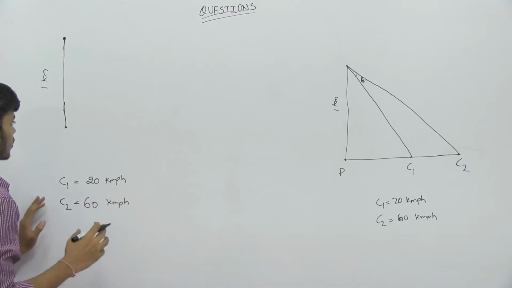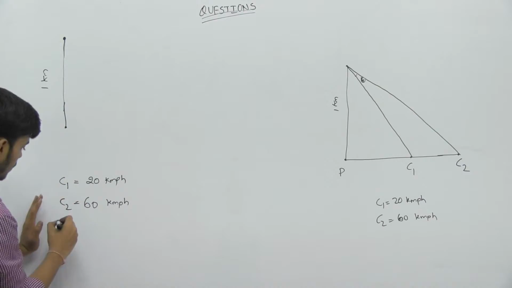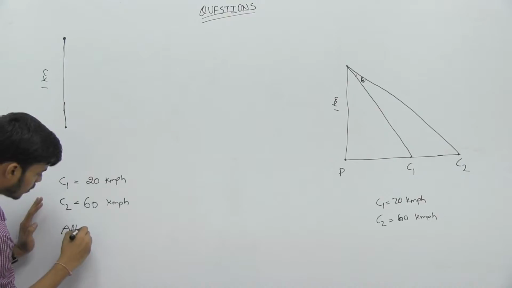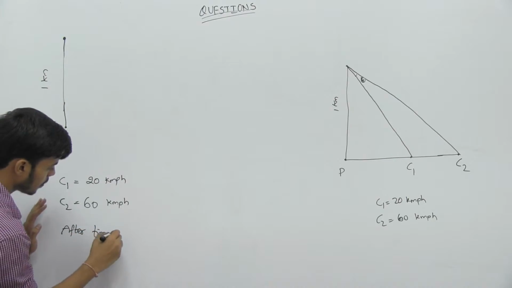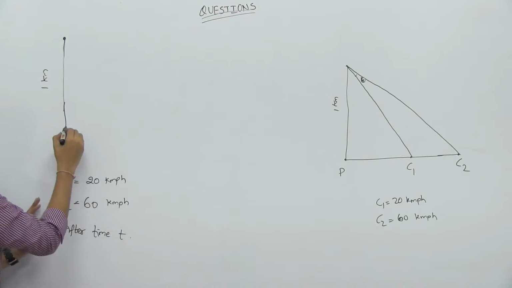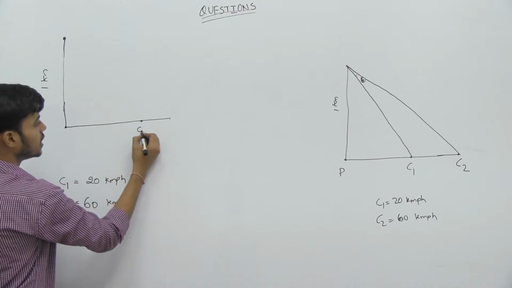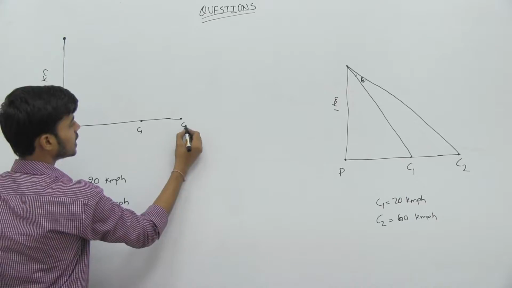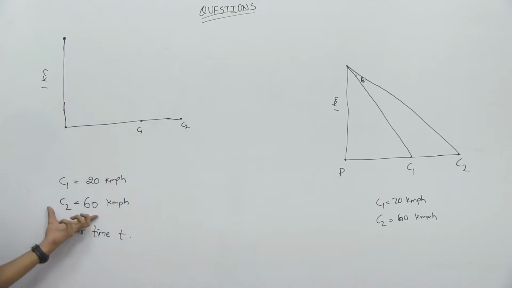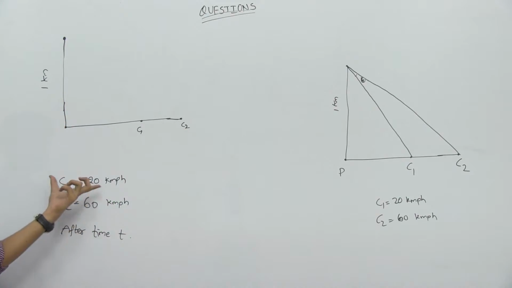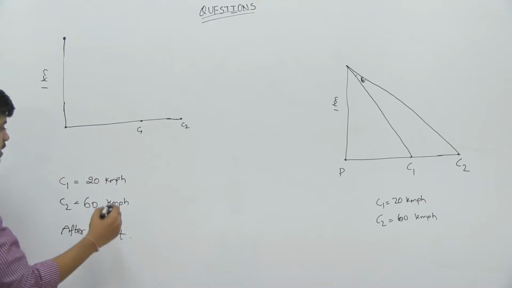After a certain time t, assume the first car is somewhere here, C1, and the second car is somewhere here. Because car 2 is going at a higher velocity than C1, it would cover a larger distance.